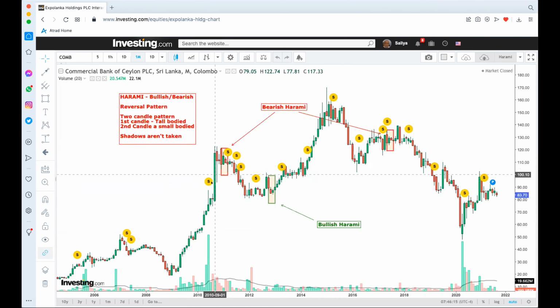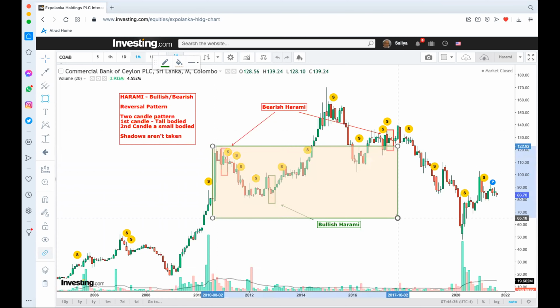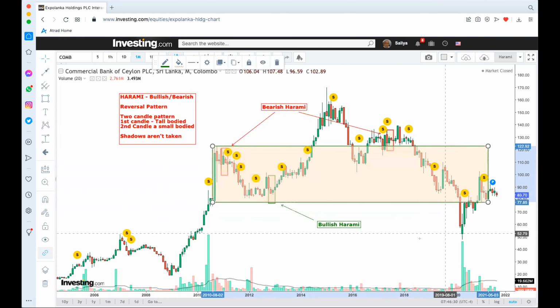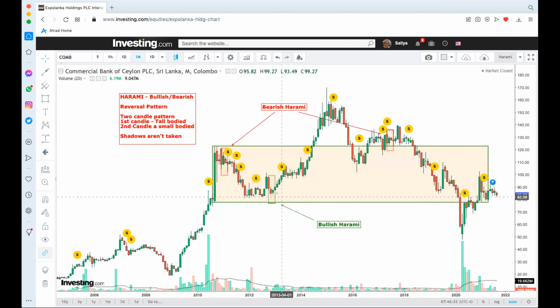From here to here, there is an area of resistance, right? You can see from here to this level what has happened. If we move forward, you will see what has happened. So this candle itself had become a very, very important candle, right?